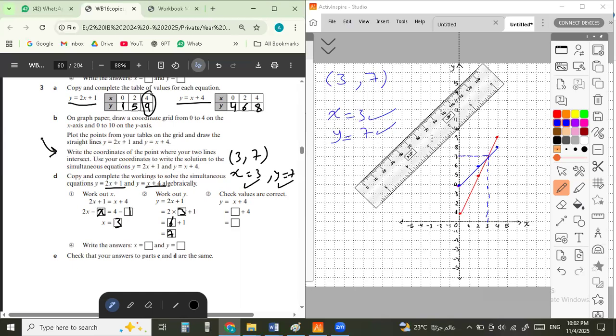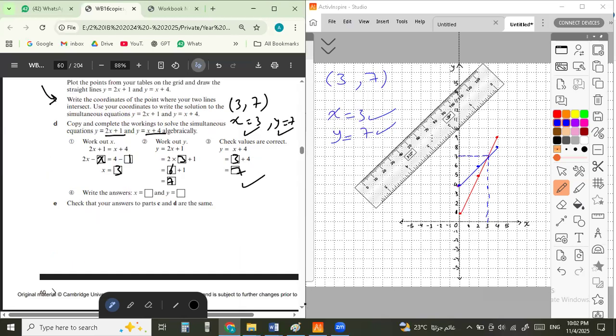You check y equals x plus 4, which is y equals 3 plus 4, which is 7. Yes. So I found that y is 7. And I already did it in both ways, algebraically and graphically. The answer here we said is 3 and 7.